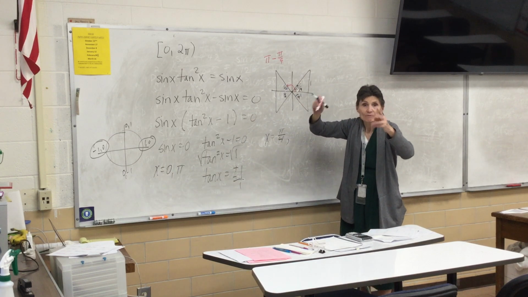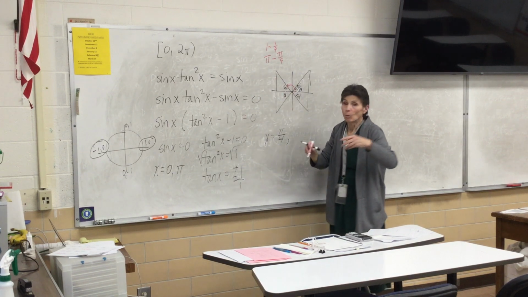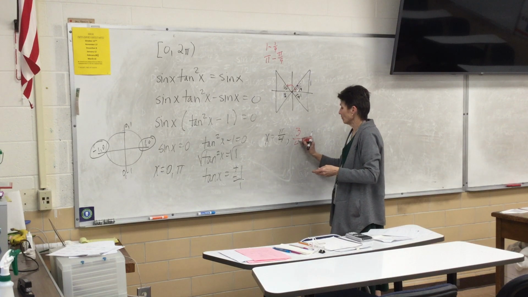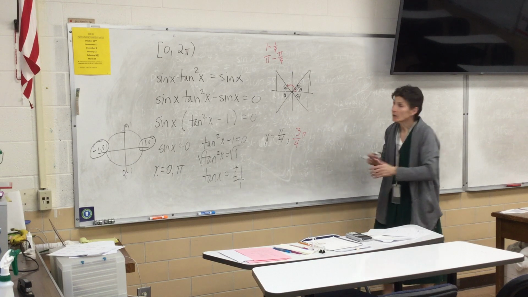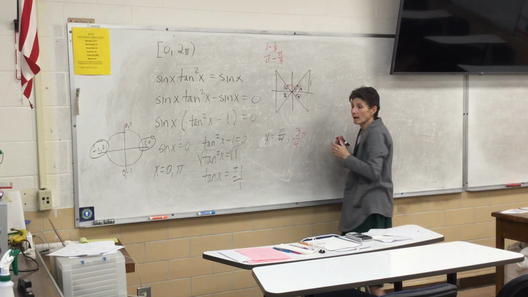Don't let the pi's confuse you. That's like 1 minus 1/4. What's 1 minus 1/4? 3 pi over 4, 3/4 pi. It isn't a whole pi because I didn't go this last little bit here. So it's pi minus pi over 4.